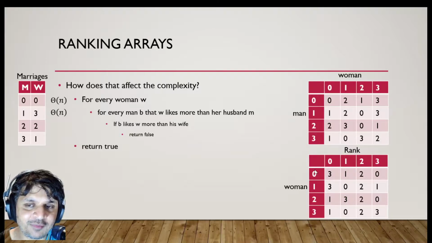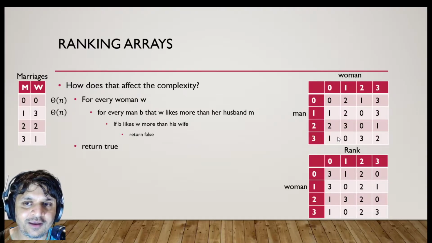Let's take the same example of woman naught being married to man naught. Now we want to know if she would run away with man 3. So we want to know, would man 3 run away with woman naught? He's currently married to woman 1, so that's man 3, woman 1, which has a rank of 0.